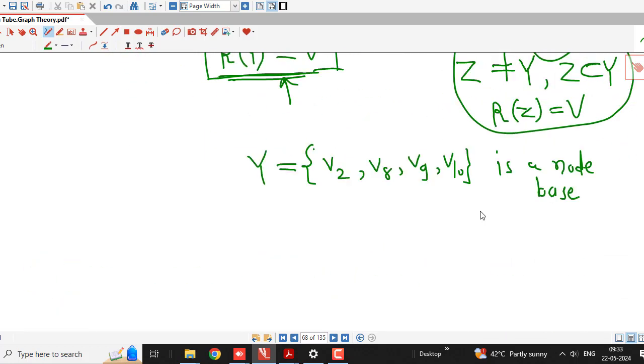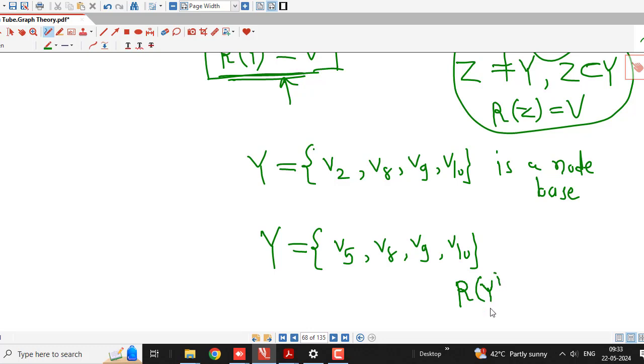Here we can observe that if we consider, instead of this V2, V8, V9, V10, another set which is V5, V8, V9, V10, then this is also a node base. R of Y will be equal to V. So you can have more than one node base.